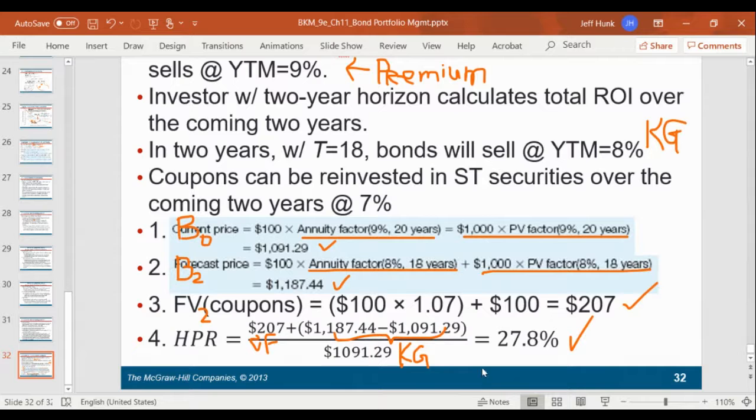Raise 1 plus 27.8%, so 1.278, to the power of 1 over n, and n will be 2 in this case, minus 1, and then you will have the annualized return, right?